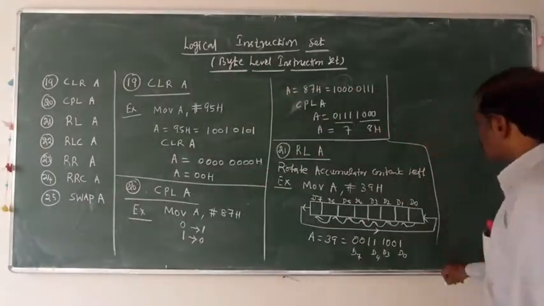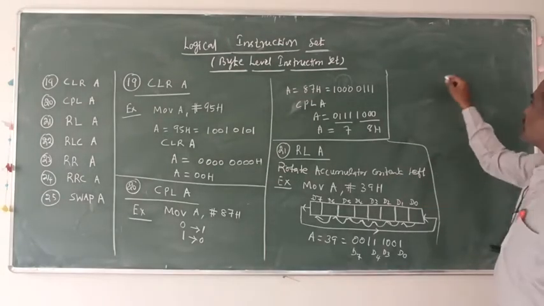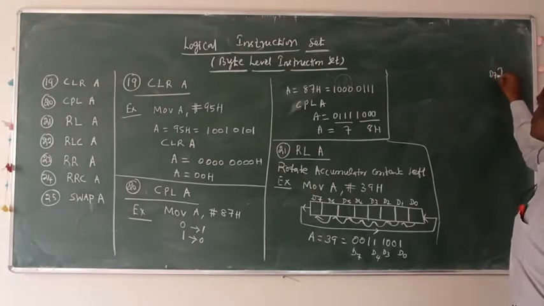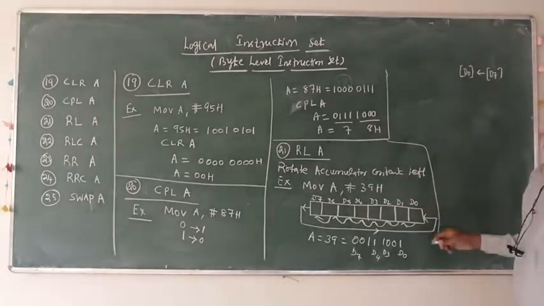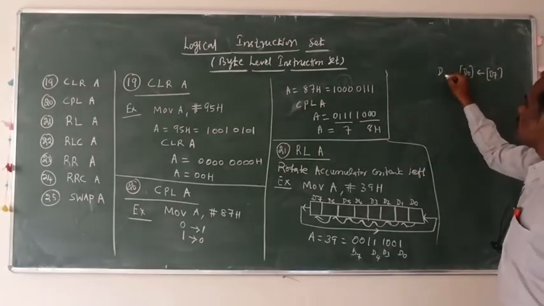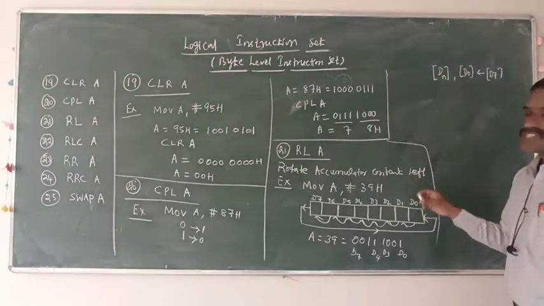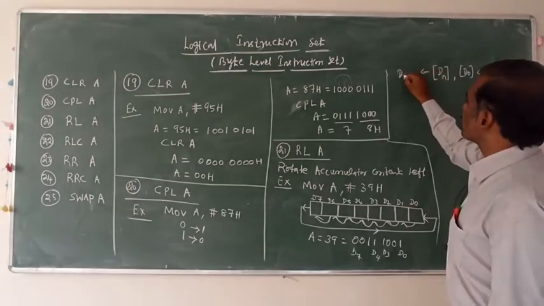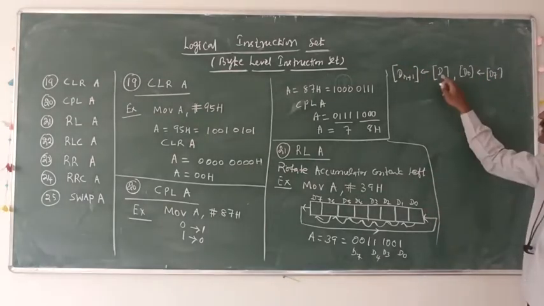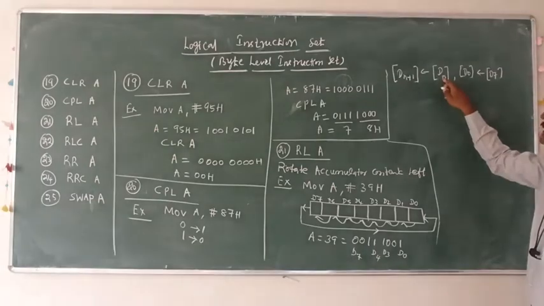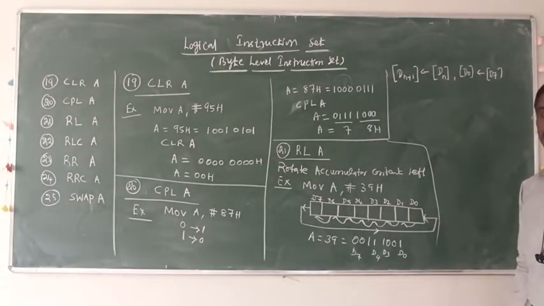We can write it in this format: the D7 bit position data moves to the D0 bit, and the Dn position data moves to the Dn plus 1 position. Suppose D0, n means 0. The D0 data moves to 0 plus 1, the D1 position.